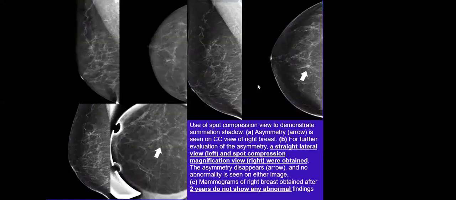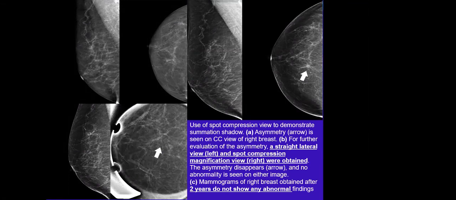But if you look here, this is an asymmetry or focal asymmetry. Which type of asymmetry? This is an asymmetry. Why asymmetry? It's appreciated in the CC, but not in the MLO.